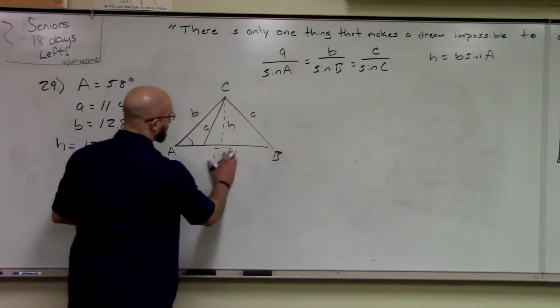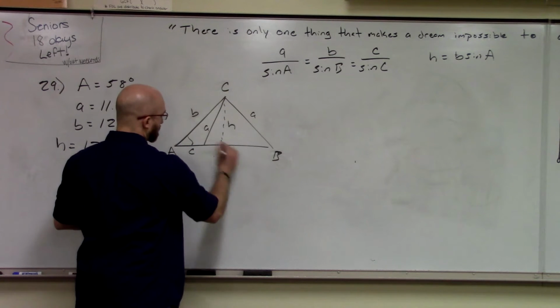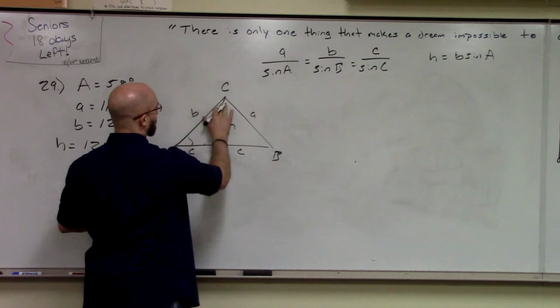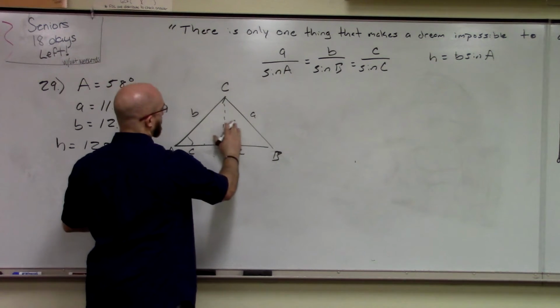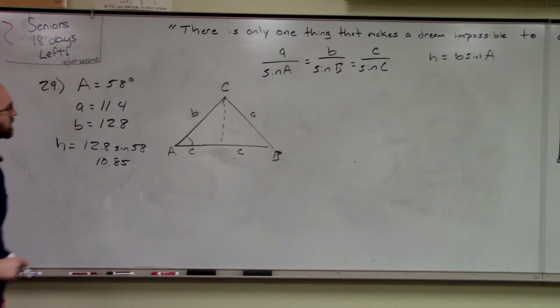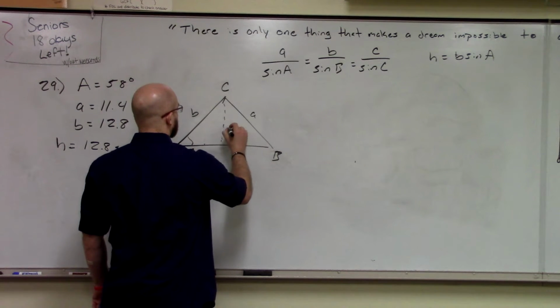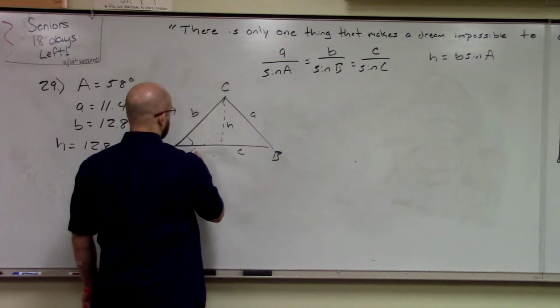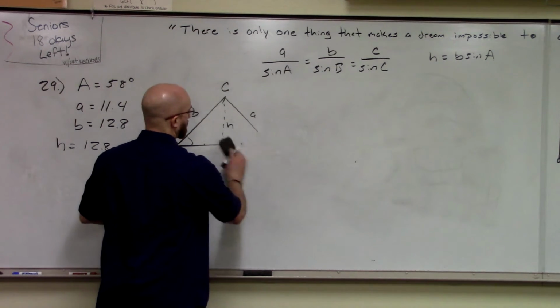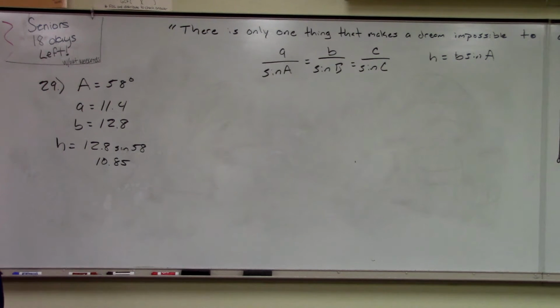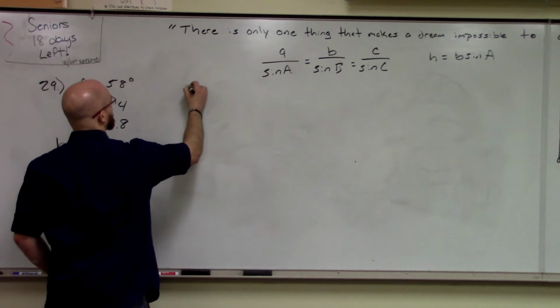Oh, so sorry, this is C, and this is C. Okay, so basically this is what I have in terms of my triangle, because A stays the same. Let's draw the triangle, it's kind of a little tricky. So what I'm going to do is just go with this. I know I have two solutions.